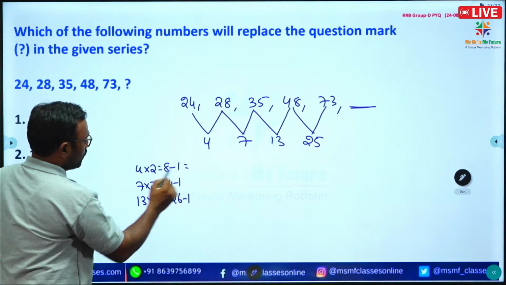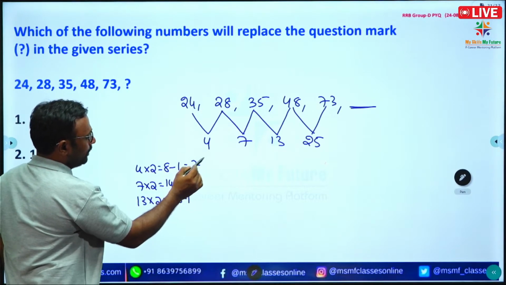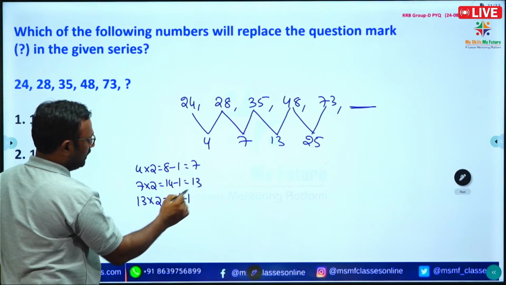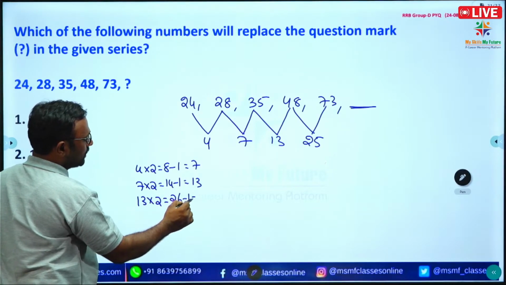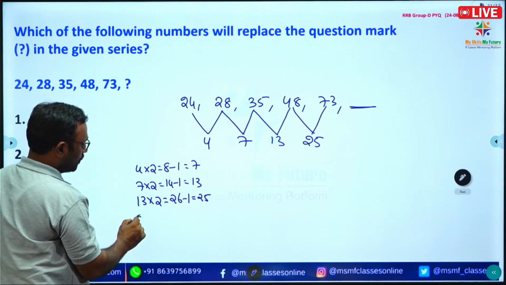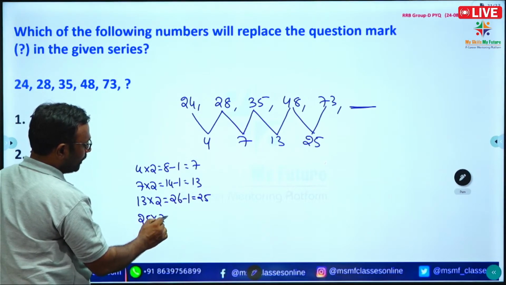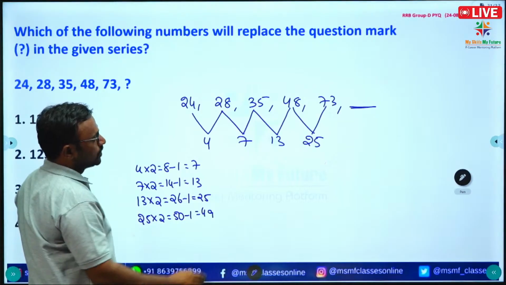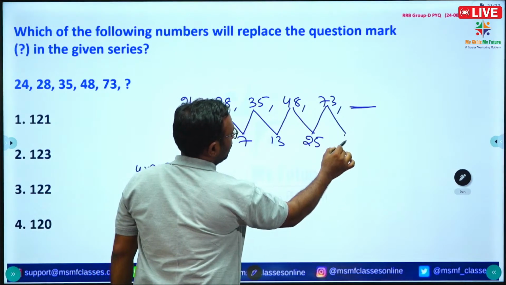So 4 twos are 8 minus 1, 7. 7 twos are 14 minus 1, that is 13. 13 twos are 26, 26 minus 1, 25. So 25 twos are 50 minus 1, 49. So here the distance is 49.